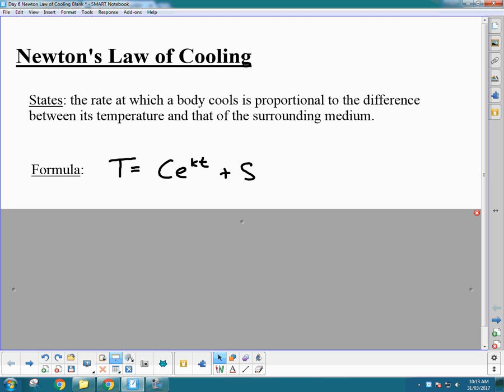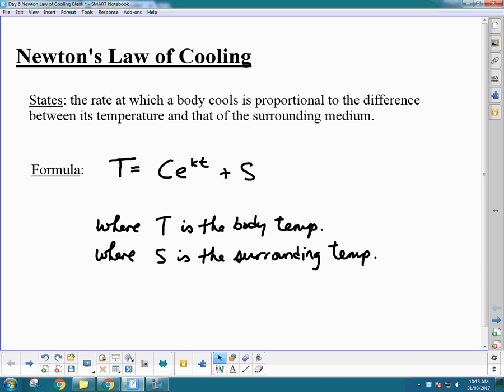So if something is actually 15 degrees Celsius, part of that 15 degrees Celsius is the surrounding temperature of maybe 10 degrees, and then the object itself is 5 degrees. So we have these two variables. T, being the body temperature, the actual temperature that we consider, is made up of the C times e to the kt part, plus the surrounding temperature.